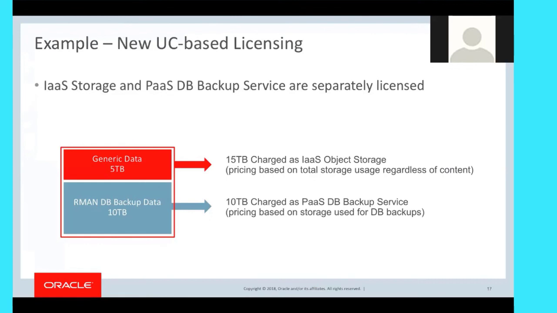So if you are backing up to the cloud from recovery appliances, or copying or moving backups from the recovery appliances to the cloud, these are the services that you need to subscribe to. For example, generic object storage includes standard object storage and archive object storage. You can use both services and you are charged accordingly. Archive storage is cheaper than object storage, but you have a 4 hour delay to get your data back.